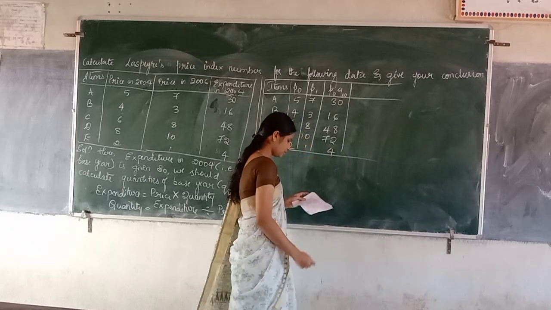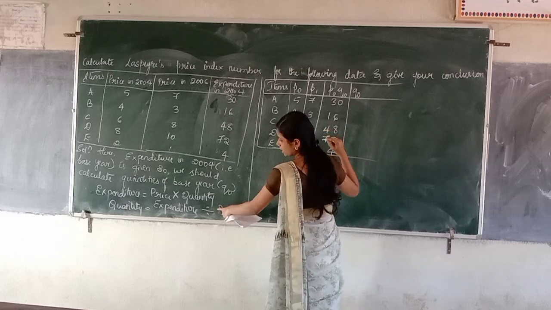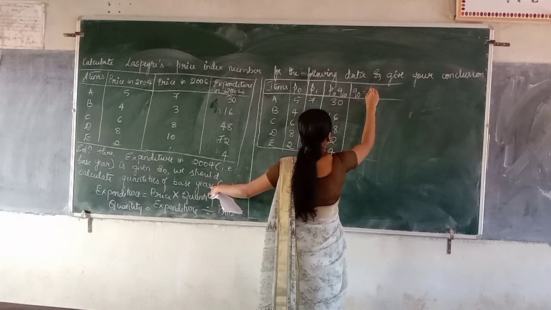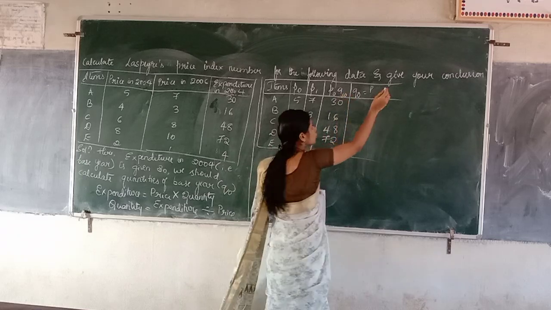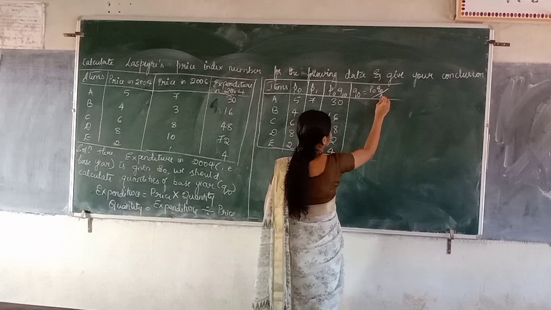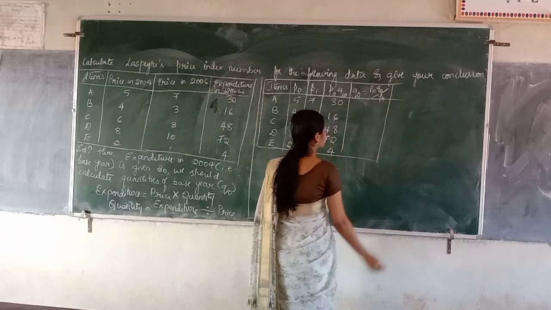Now we will calculate base year quantity. So Q0 is equal to P0 Q0 divided by P0. P0 Q0 gets cancelled, and the remaining is only Q0.